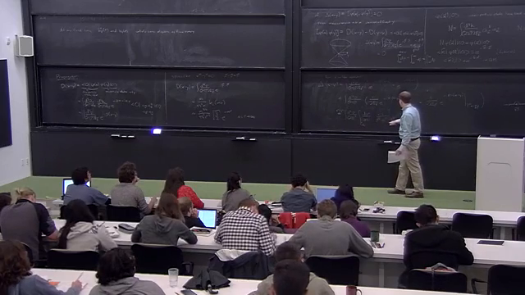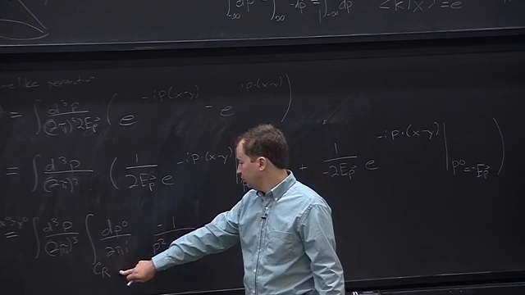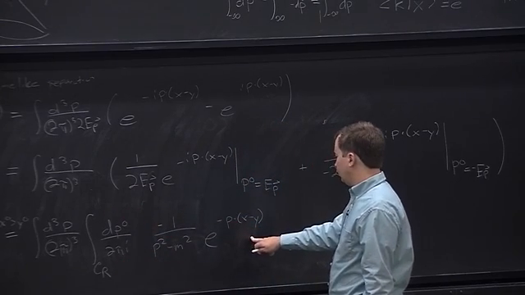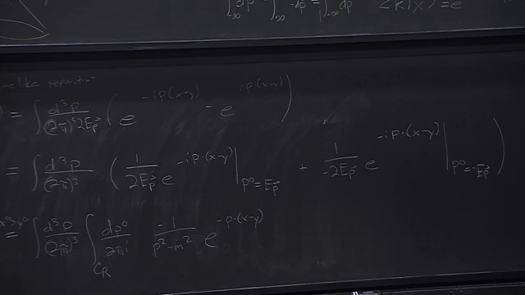So if we do this contour integral for x^0 greater than y^0, we can close the contour in the lower p^0 plane. And we'll just pick up the contributions from the residues of the two poles.